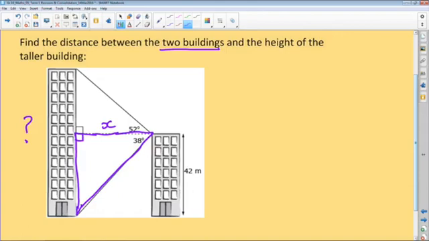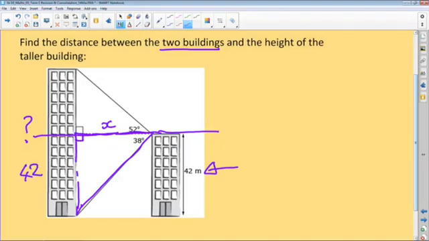Have I been given any other information? Yes, I've been given the height of 42 meters. Is this line the whole way across a height of 42 meters? The answer is yes, it is, which means that this side over here is going to be 42, and maybe I should move it just to the side over here where we can see it.